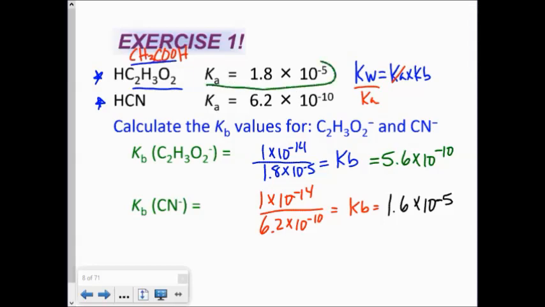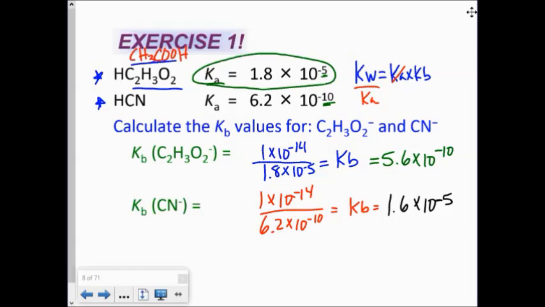This one's 10 to the minus 5, which is a much larger number than 10 to the minus 10, correct? So the acetic acid has the ability to create more hydronium in the water than the hydrocyanic acid.